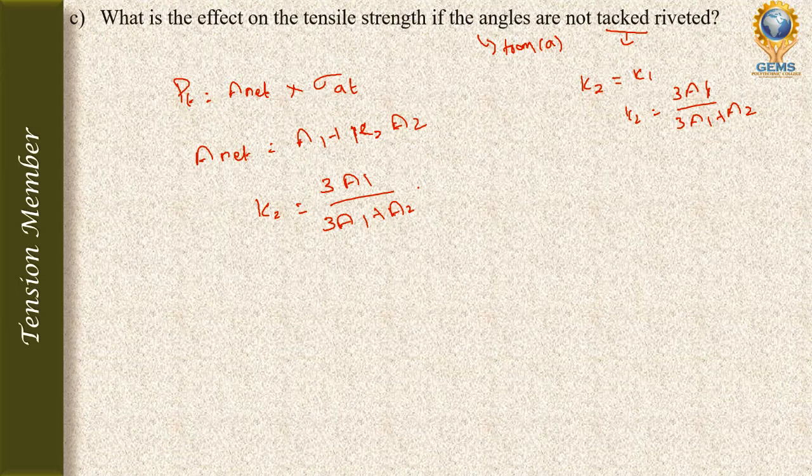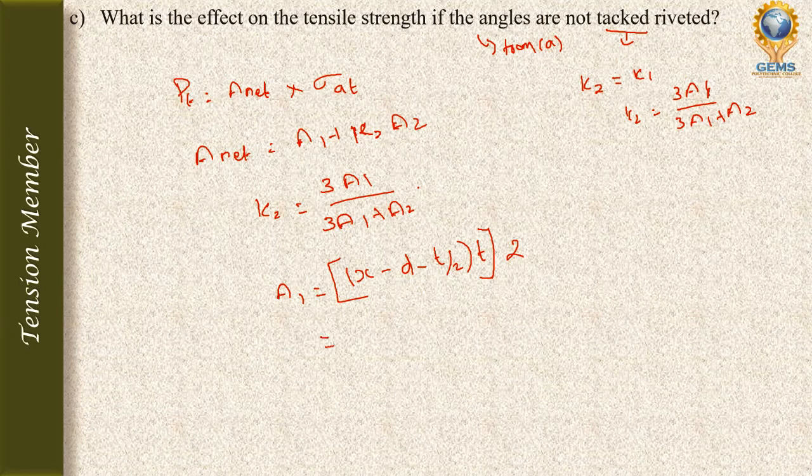So what is A1? It is (X minus D minus T by 2) into T, whole multiplied by 2, because it is a double angle section.